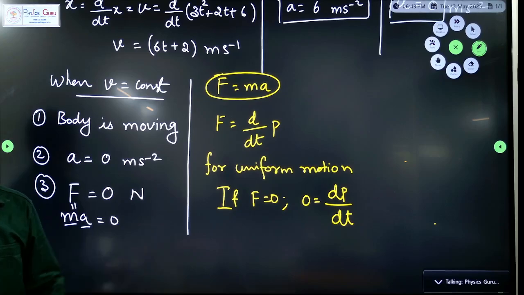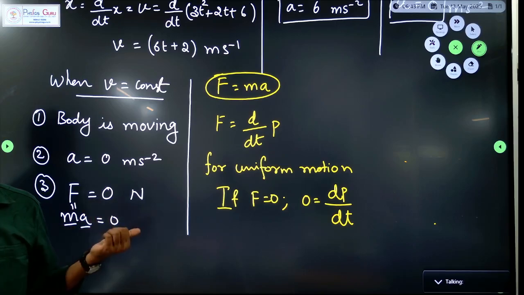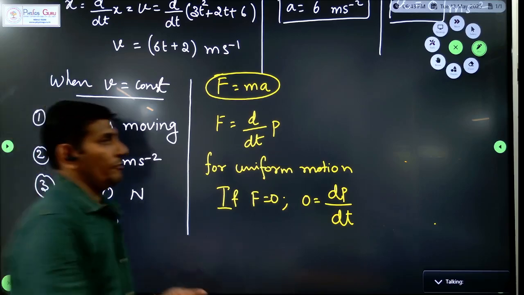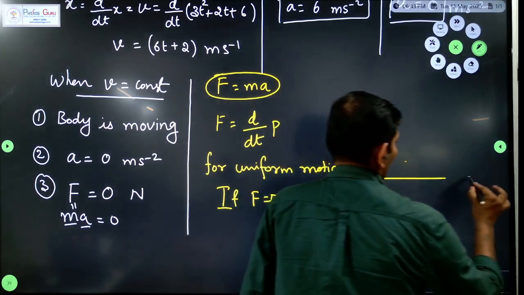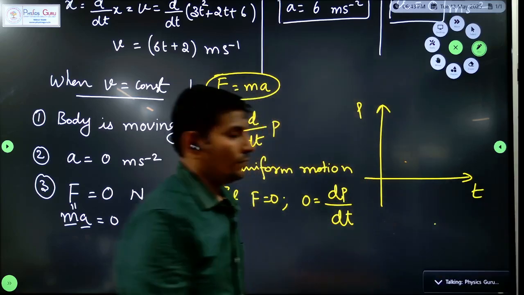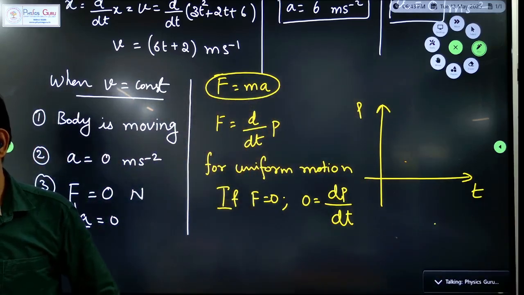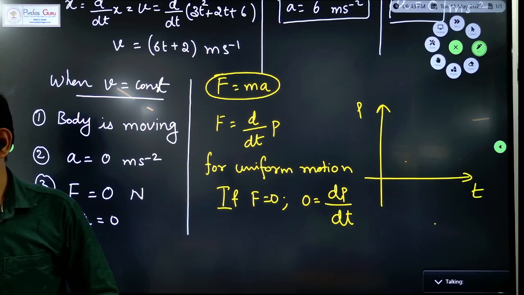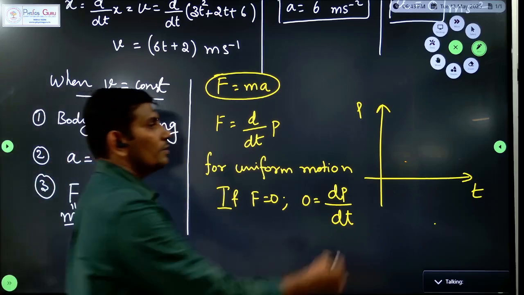What does it say to me? According to the derivatives that we learned, if I ask you to plot a graph between momentum and time, how will you plot the graph? A straight line.